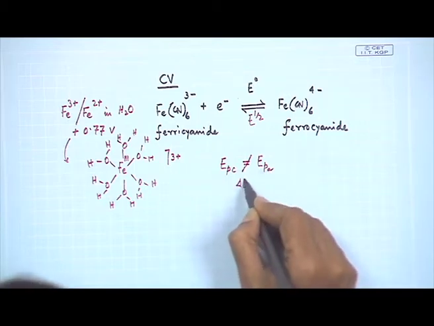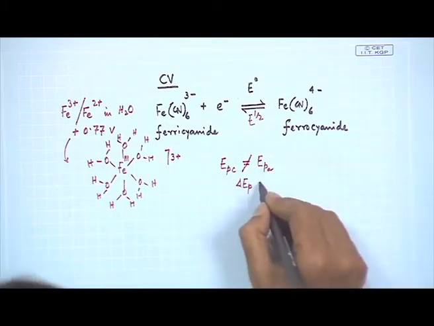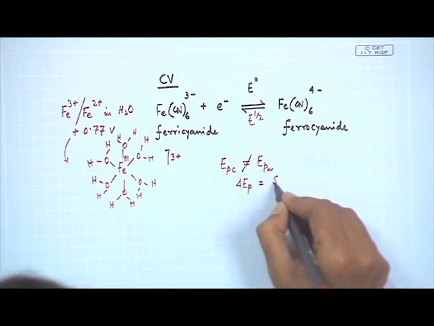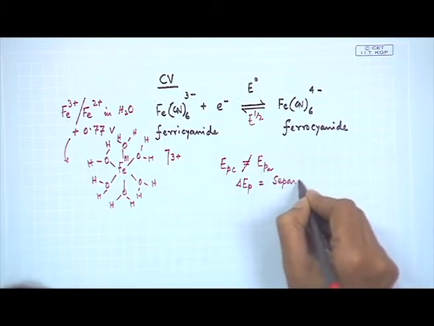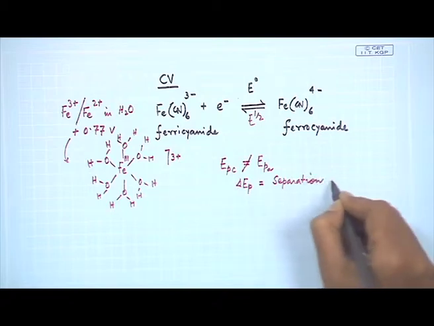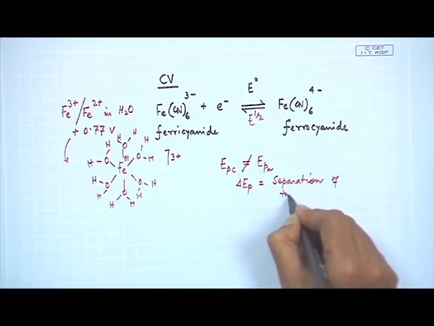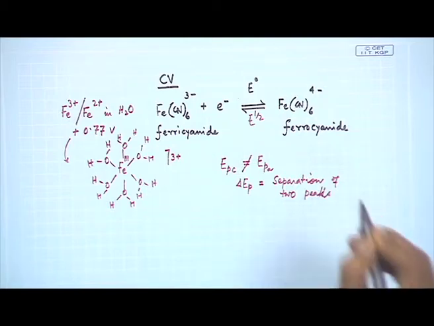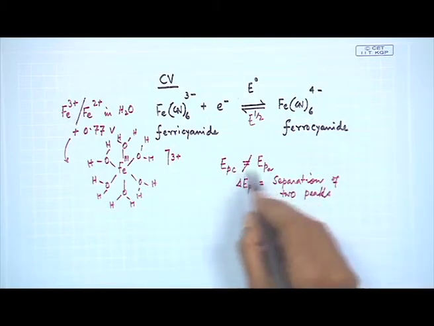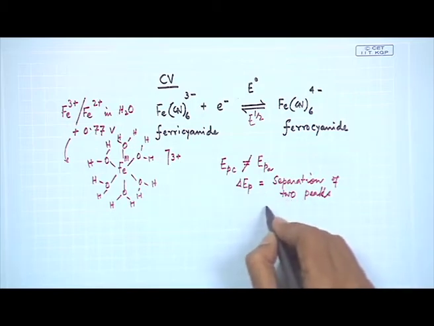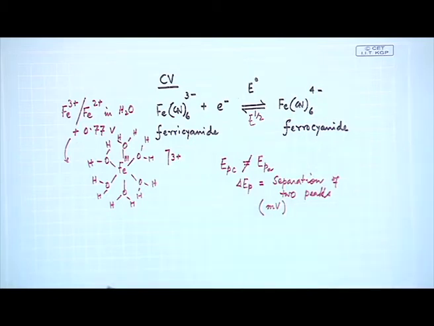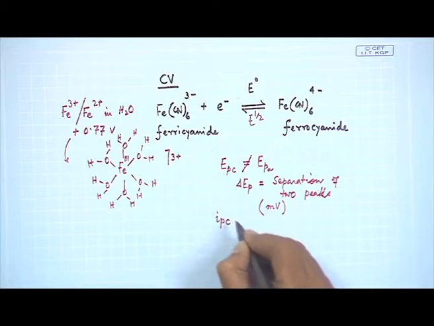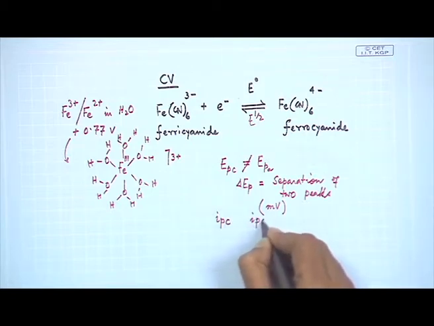That means we have another quantity, which is delta EP, the separation of two peaks. This separation of two peaks we sometimes report not in volt, but in millivolt. And also we see the corresponding currents, IPC and IPA.